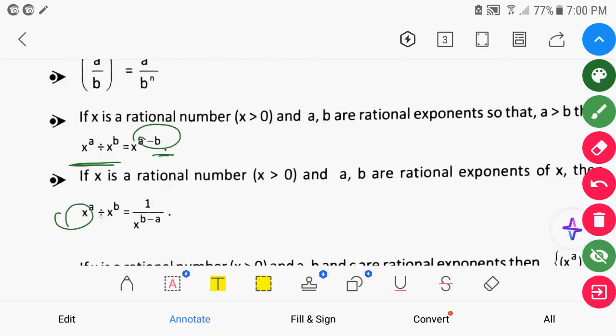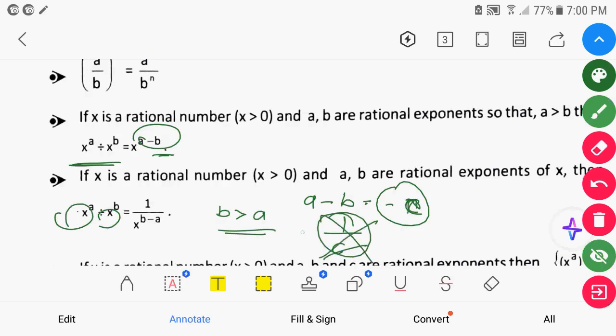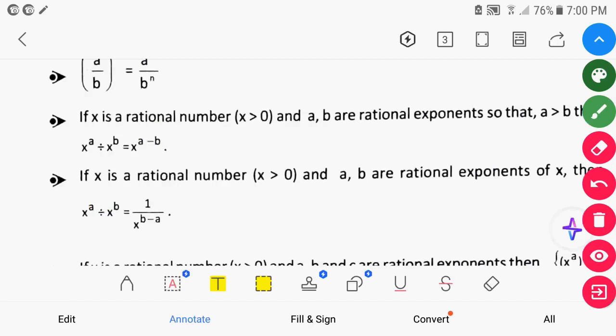If b is greater than a, then subtracting b from a gives a negative number, say c. So again we have to take its reciprocal. Instead of doing it this way, we can just solve it by taking the reciprocal already, x raised to b minus a.